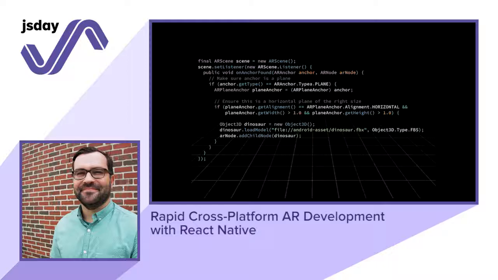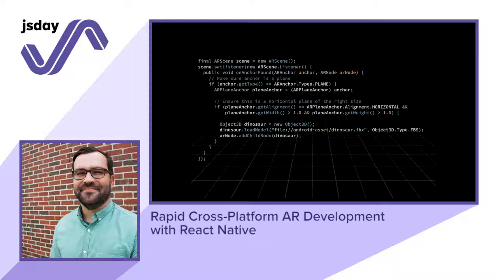And then we make sure that the anchor is a plane, and then we make sure it's a horizontal plane of a certain size and make sure it's large enough. And then we create a 3D object. We load the actual 3D object onto the object we created, and then we add the child node to the scene that was detected.